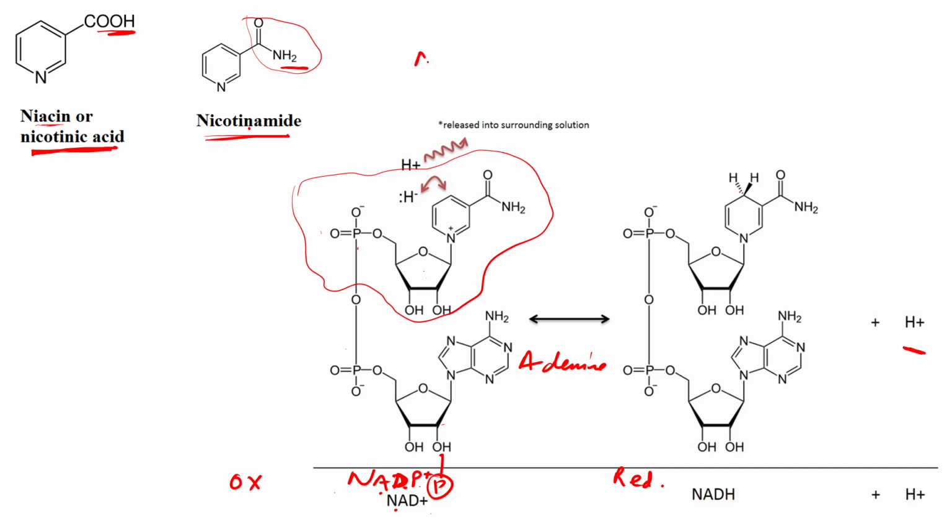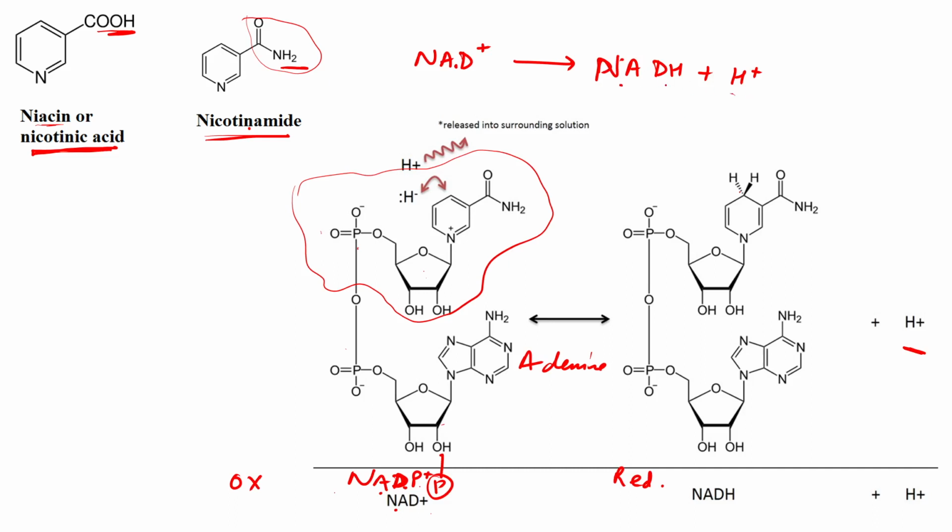So the reaction goes like NAD plus is reduced to NADH plus H plus. What is happening? Loss of electron is happening here, right?